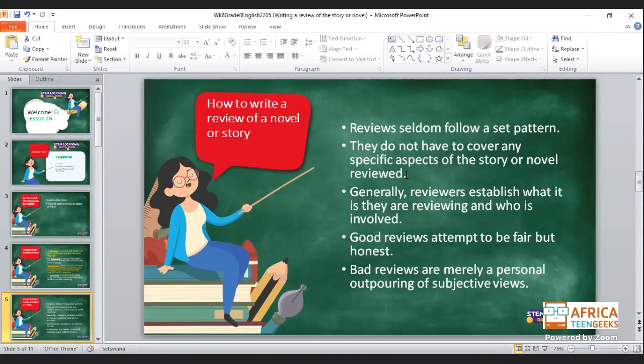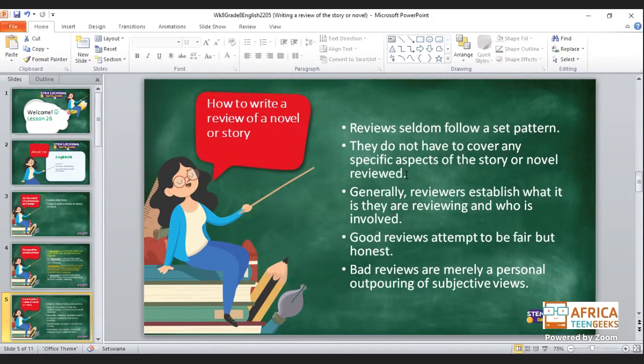and all things like that. Okay, so even here when you write a review, you do not have to be specific, your review doesn't have to be specifically about the characters in the novel, or the message or the theme of that novel, or the plot of that novel, or things like that. There is nothing which you specifically dwell on when you write your review.